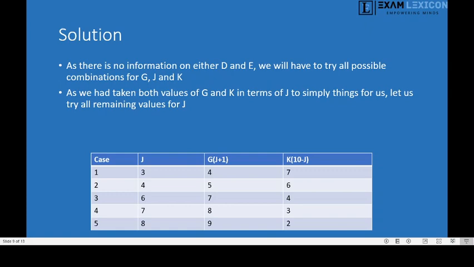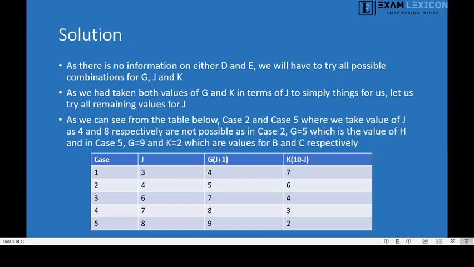Now as you can see from this table, cases 2 and 5, where we have taken the value of J as 4 and 8 respectively, are not possible, as in case 2 G is equal to 5 which is the value of H, and in case 5 G is equal to 9 and K is equal to 2, which are both values for B and C respectively.